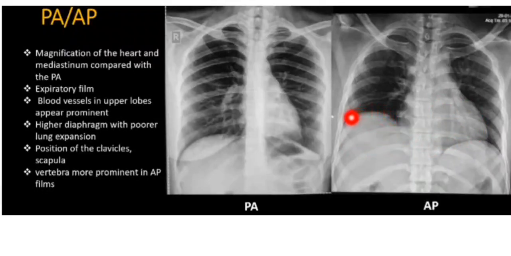You can see the right hemidiaphragm is at a high level compared to the PA X-ray. In the PA X-ray the right hemidiaphragm is in a good position, while in the AP X-ray it is high up because there is not enough air and the hemidiaphragms are not pushed down. That's another difference: in the AP X-ray the hemidiaphragms are high, while in the PA X-ray, or posterior anterior X-ray, the hemidiaphragms are good in location.